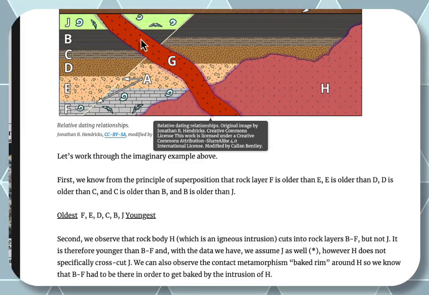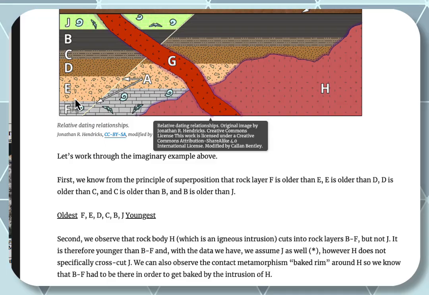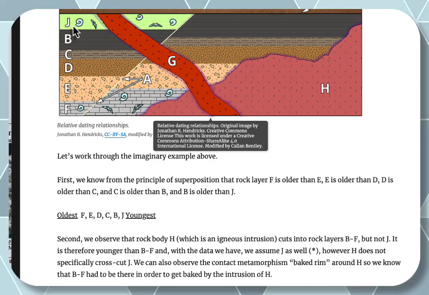So for this example, the oldest thing we can say would probably be letter F, this older limestone. And we just use the principle of superposition. So it'd be F, E, D, C, B, and J, right? So our oldest rock is F, and then we go up to J here. And then the next thing is we can't tell whether the fault A or the intrusion H is older, because they don't intersect.